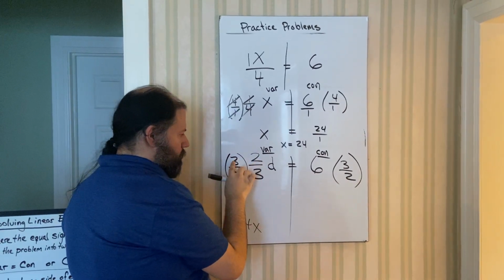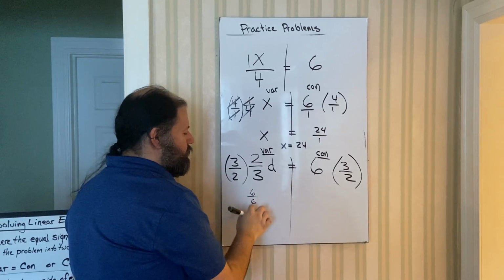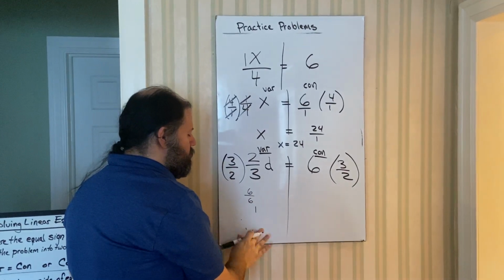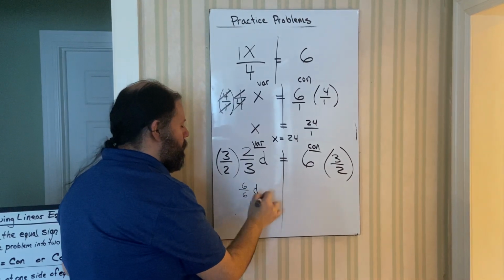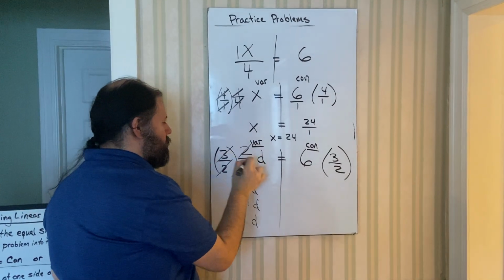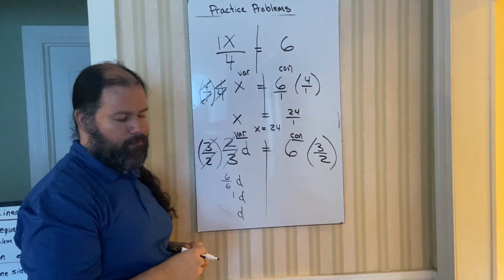Multiply top with top, 3 times 2 is 6, 2 times 3 is 6, 6 over 6 is 1, so you know that this would just be d. Or if you're my cross cancelers, as long as there's something on top that matches something on the bottom when you multiply, it still becomes d.